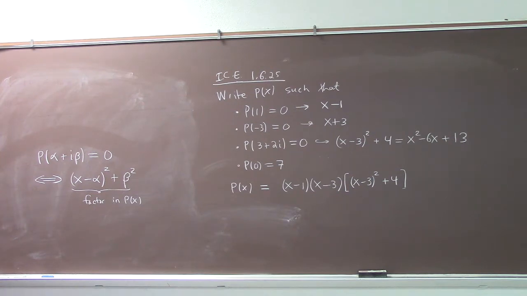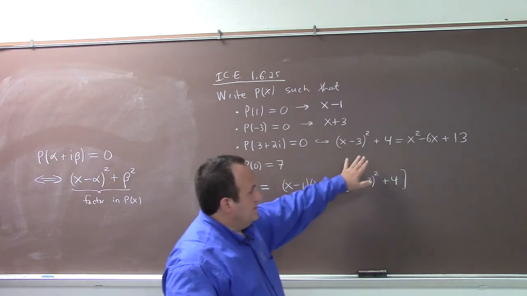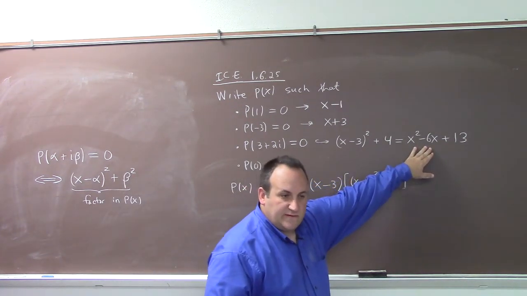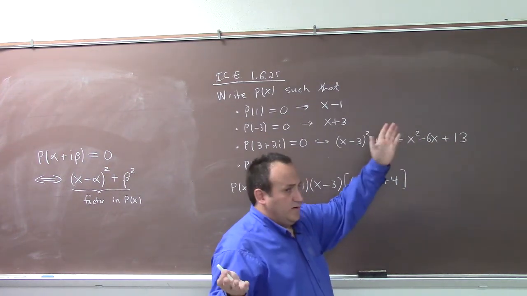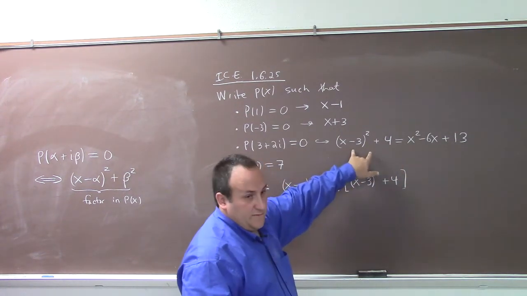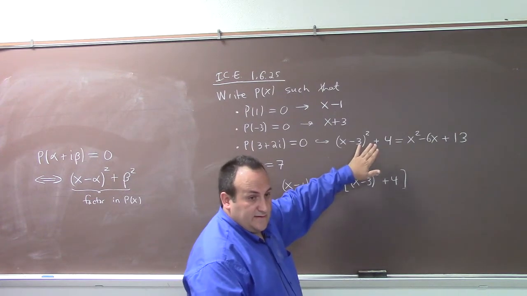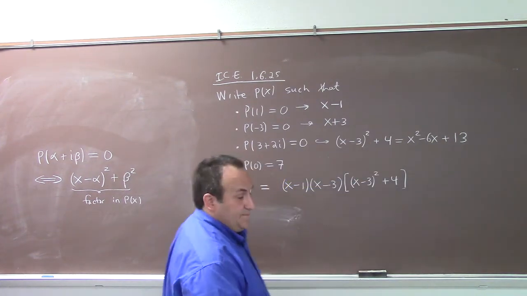I would argue the thing that's better about it is you can just look at it. You look at this and you say, can I factor x squared minus 6x plus 13? Without further thinking, I don't know, right? But if I look at (x minus 3) squared plus 4, I know immediately that cannot be factored over the reals. It's irreducible. It's in your face, right? It's manifest.